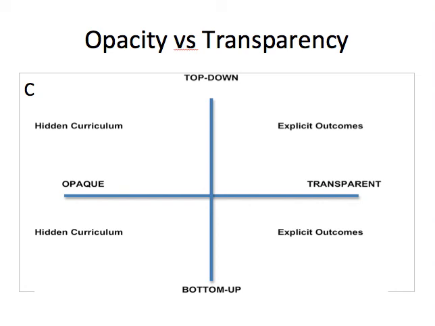It seems to me that a far more favorable side of this diagram is on the right-hand side, where outcomes, whether they're from top down or from bottom up, are explicit, as opposed to potentially situations where a top-down approach muddies the particular curriculum where the goals are hidden, and also from a bottom-up approach where they can also be hidden too.